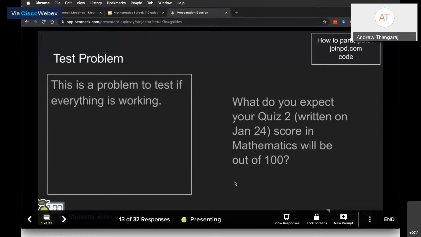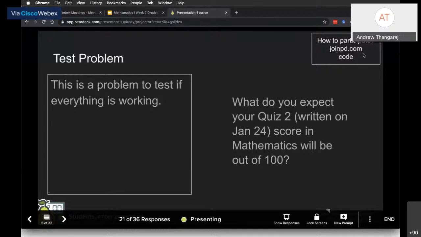Let me see. Okay, so ensure once again, those of you who are joining in late, please also join on joinpd.com. This is very important for you to participate and respond to the questions that are going to be discussed today, and make it an interactive session.